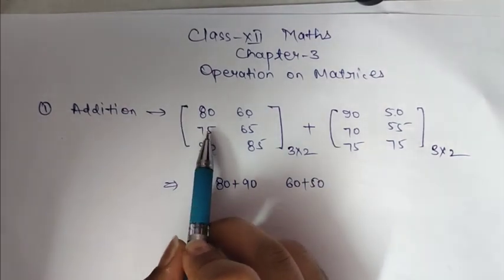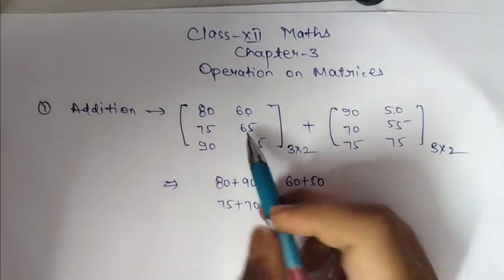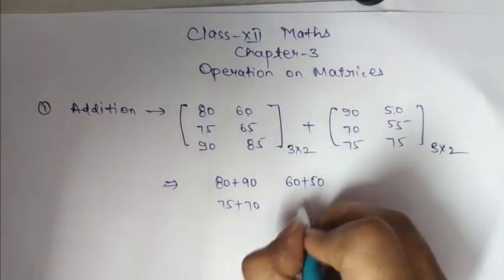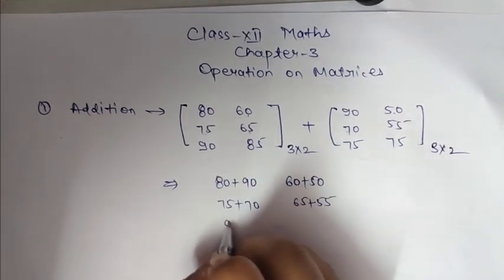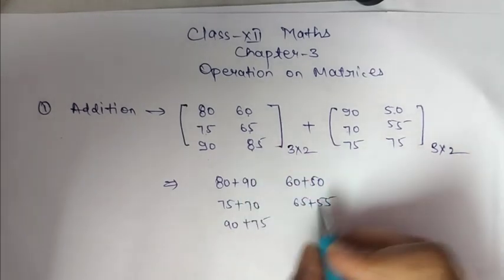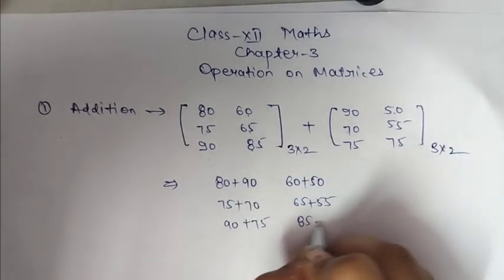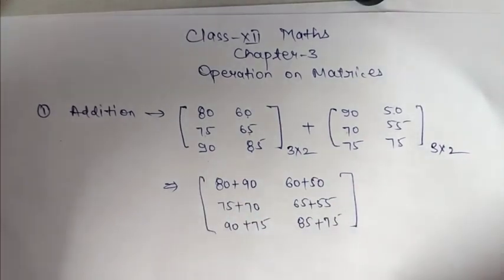For this element 75 plus 70. And for this element 65 plus 55. And here we will have 90 plus 75 and the last element will be 85 plus 75. So as you can see, we simply perform the addition between the corresponding elements of the matrices.